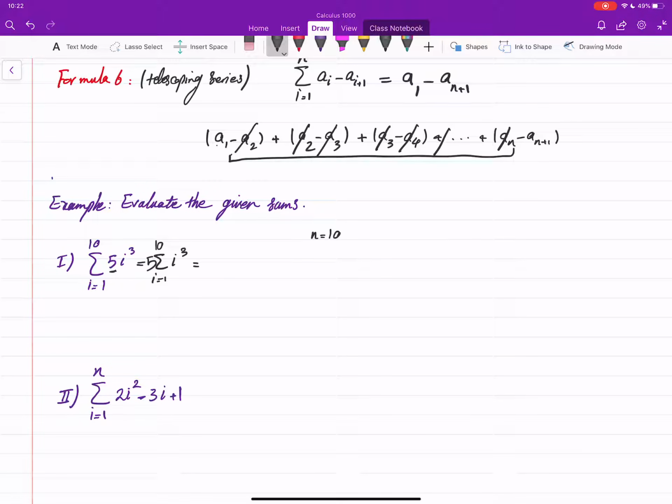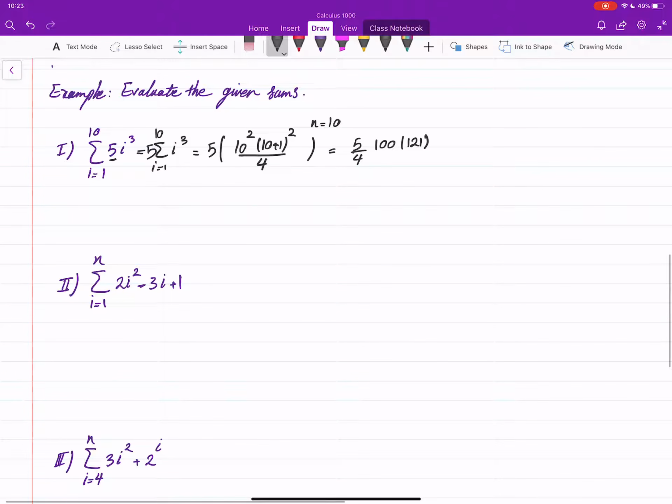And we know that the sum of cubes from 1 to n is n squared, here 10 squared, times n plus 1 squared over 4. In other words, you have this big number, which is 5 over 4 times 100 times 121. You can simplify that, but I will just leave it like that.